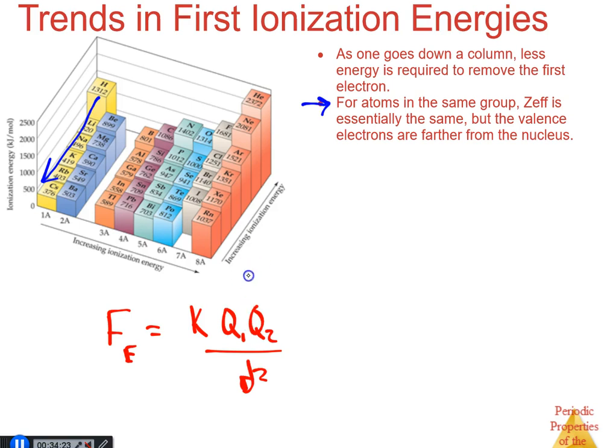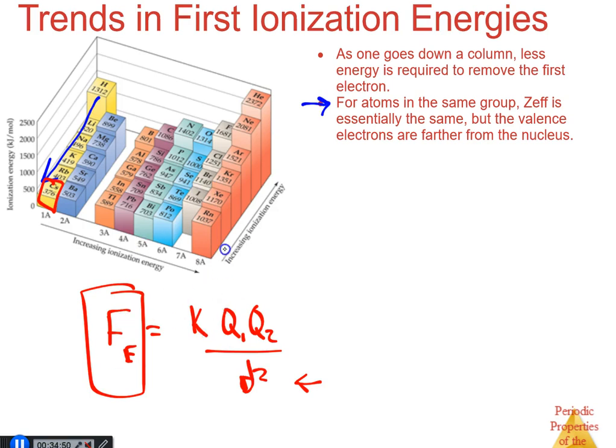So the attraction, this force, or the effective nuclear charge, or the ability of this atom to attract its electrons, if we increase the distance, this force has to go down. And a lot, because this factor is squared, right? So a small change in distance can have a large change in force.